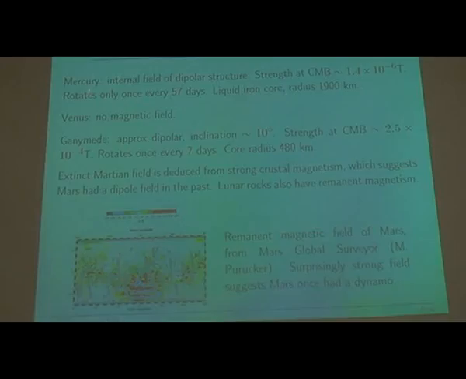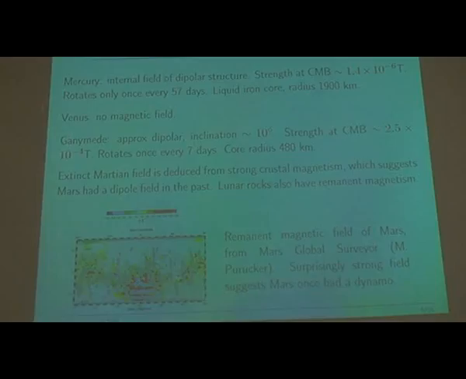The most striking feature of it, I think, is this very low value here, 1.4 times 10 to the minus 7, more than 100 times weaker than the Earth. That is in some ways a bit of a surprise. You might think, well, it only rotates once every 57 days, rather than a 1 day period. But we'll see later on that that's actually not right, in fact all planets are rapidly rotating.